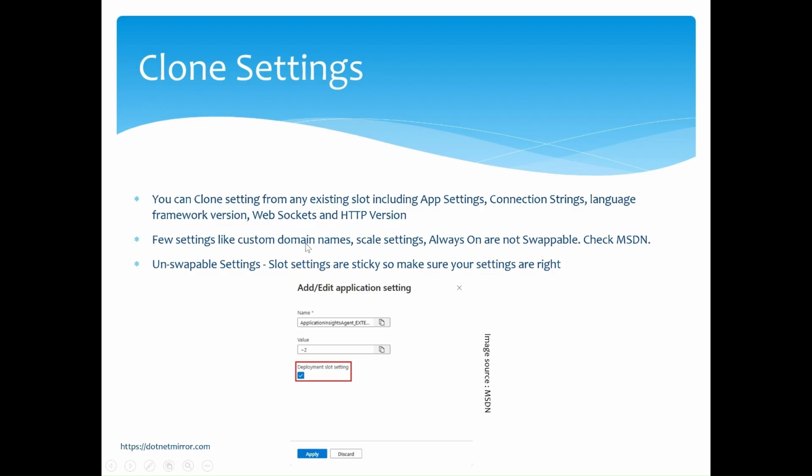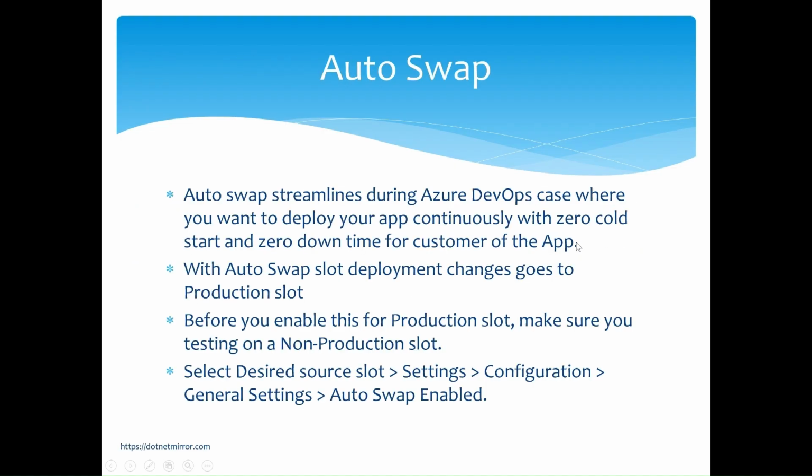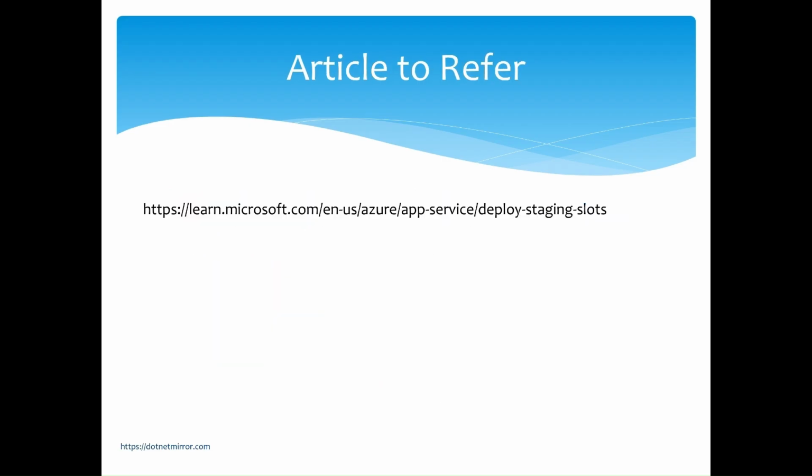A few things like domain name and scale settings will not be swappable, so check the MSDN. This auto swap you could use with the Azure DevOps process when you want to do continuous deployment with zero cold start and zero downtime. This particular option is available in the slot settings. Go to configuration, you can enable auto swap enabled, which I have shown. This article you can refer.